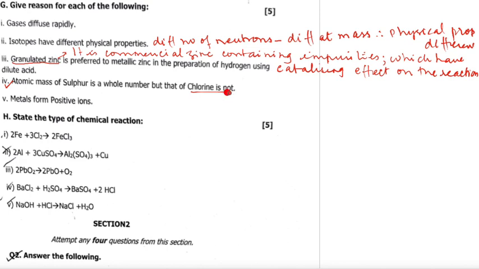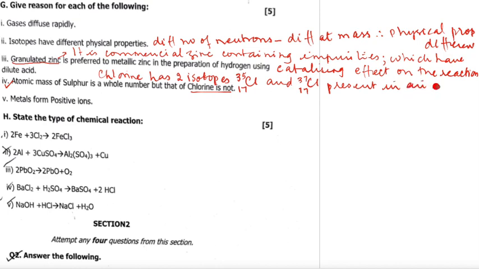Now we have to remember that chlorine has two isotopes, that is Cl 35 17 and Cl 37 17, present in the air in the ratio 3:1. Now because of this, what happens?